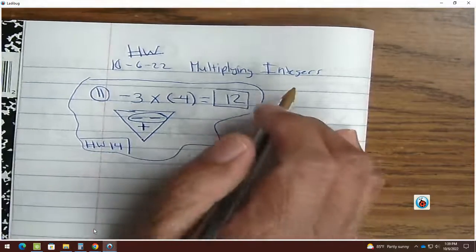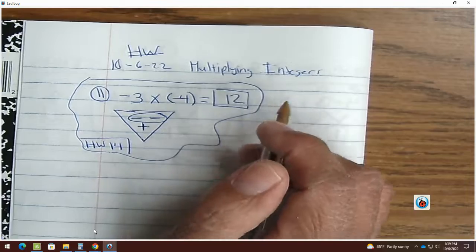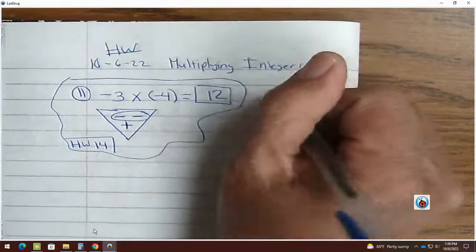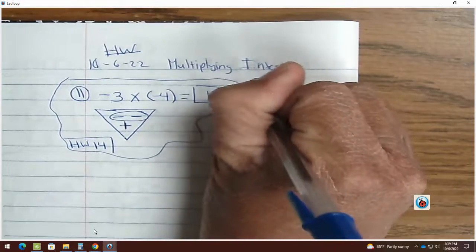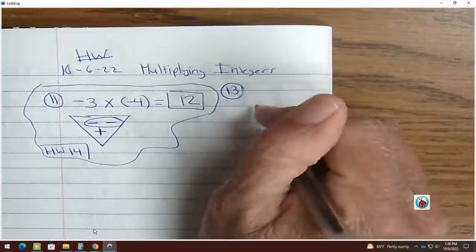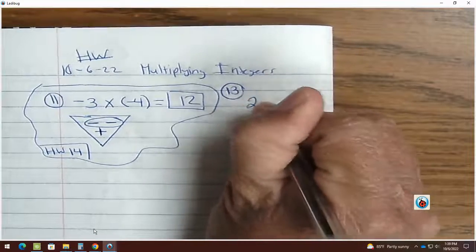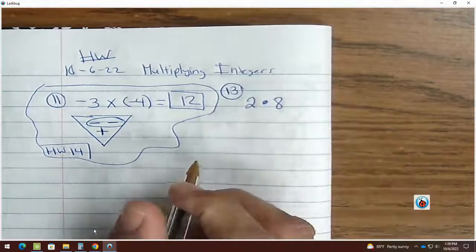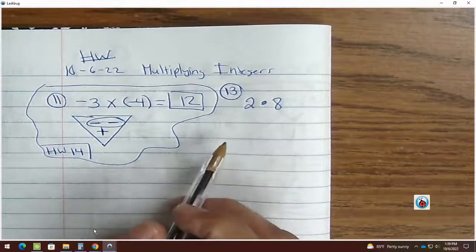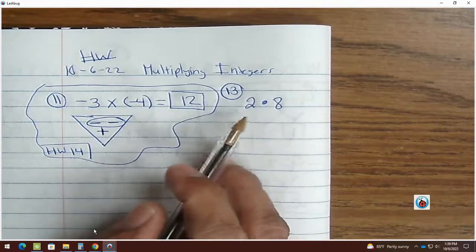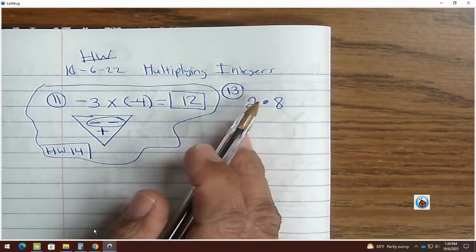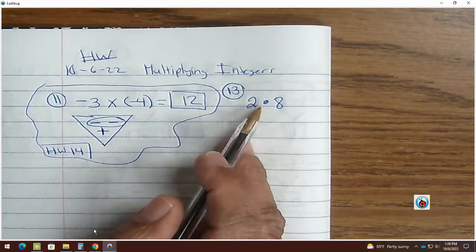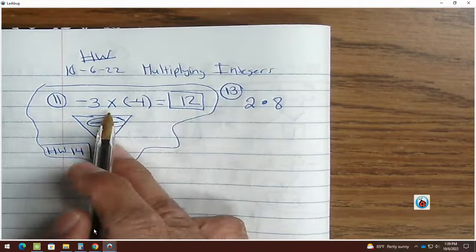Question number 11? No. Okay, the next one is number 13. So number 13, lo voy a poner aquí, porque aquí me cabe. 13, it says 2 times 8. Now, I want you to know that Mr. Rivera changed that little x to a dot, because I want you to learn that the dot in math also means multiply.